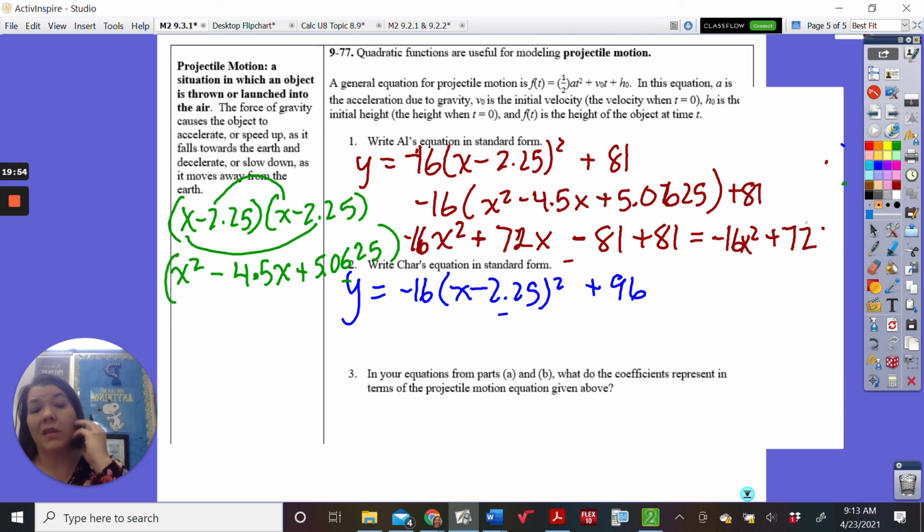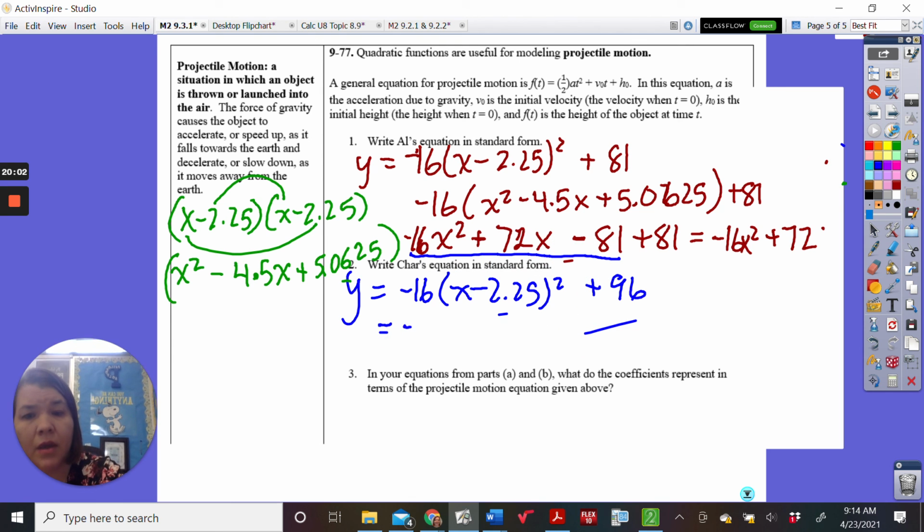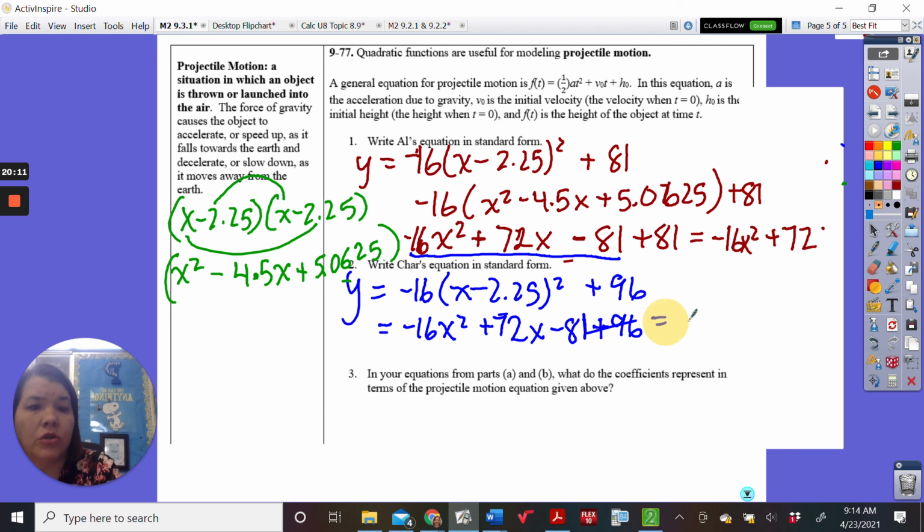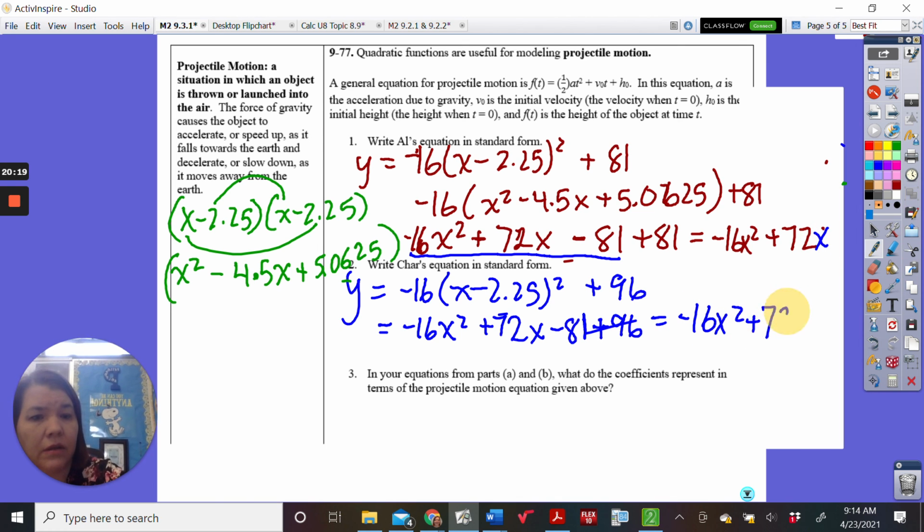Now, the only thing that's going to be different here is when I add. I'm going to get the same thing until I add, so I'm just going to copy that stuff because it's going to be the same: negative 16x squared plus 72x minus 81, now plus 96 instead, which should change very little. Negative 16x squared plus 72x plus 15, and that's his initial height he added.